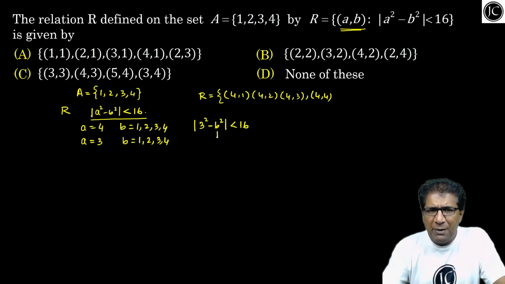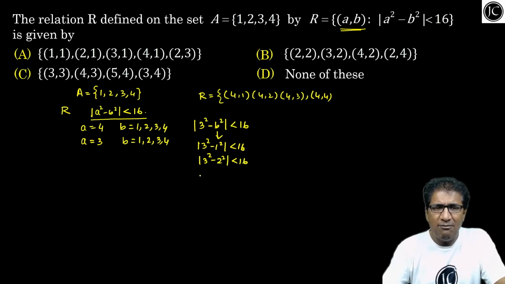If I take b as 1, it becomes 3 square minus 1 square, which is less than 16. If b is 2, 3 square minus 2 square is less than 16. If b is 3, then it is 3 square minus 3 square, which is 0, again less than 16.